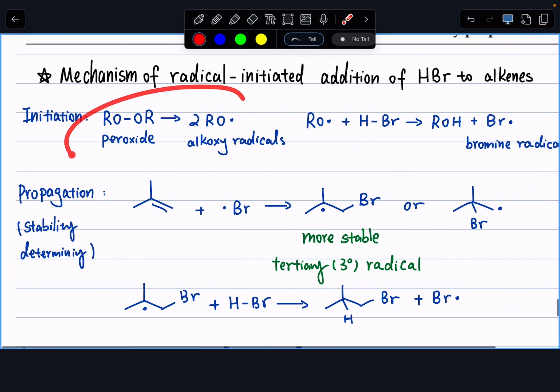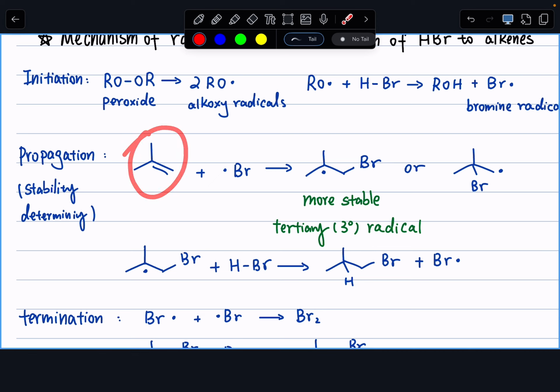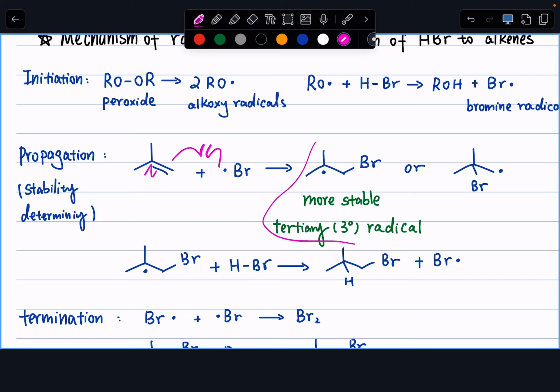For example, in initiation we form a radical, and this radical breaks the HBr bond to form the bromine-centered radical. In my propagation step, the electron in the double bond forms a bond with the Br radical and the other electron goes onto that carbon center. So we're forming the more stable tertiary radical compared to the less stable primary radical.